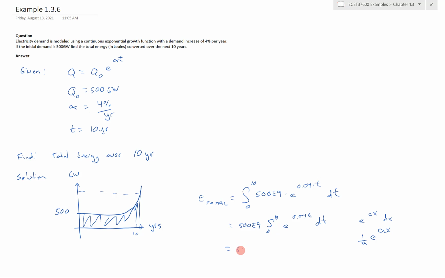So it's going to be 500 e to the 9th. We just apply that to ours. 1 over a, in our case, a is our alpha term, 0.04. Then we just need to multiply by the function again, which was e to the 0.04 t. So that's the integral of that, but we need to evaluate this portion of the integral since it's a definite integral over the values t equals 0 to 10.